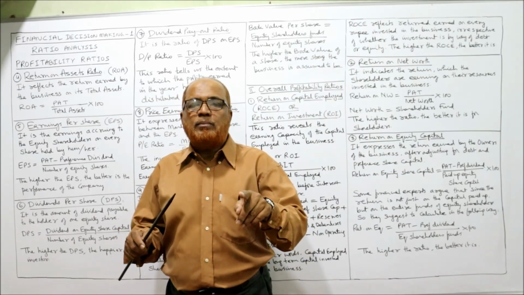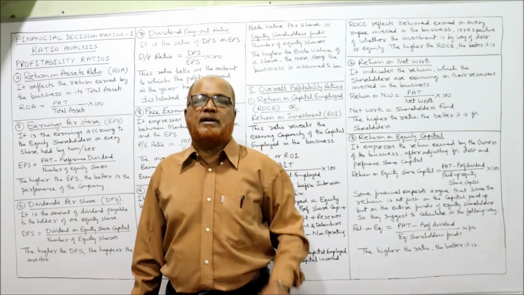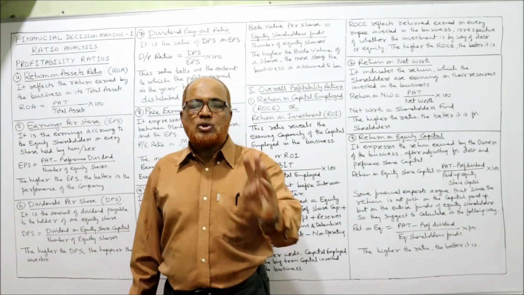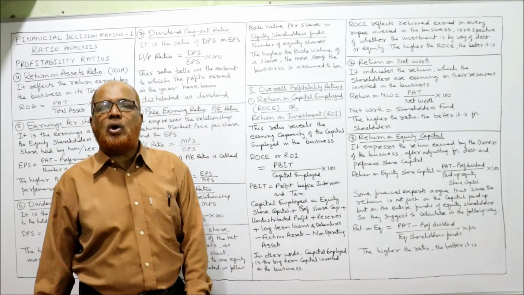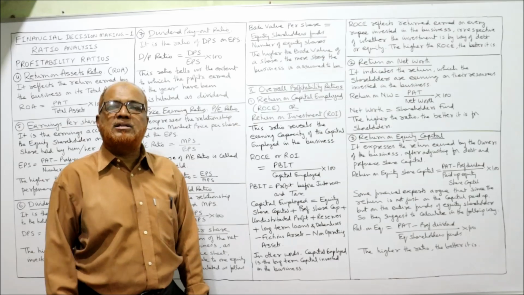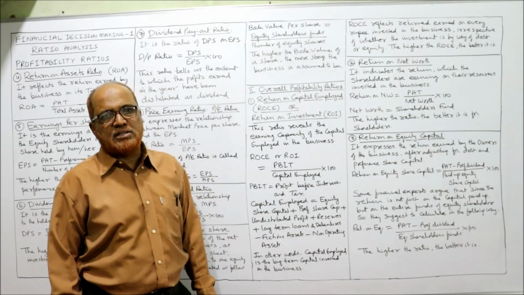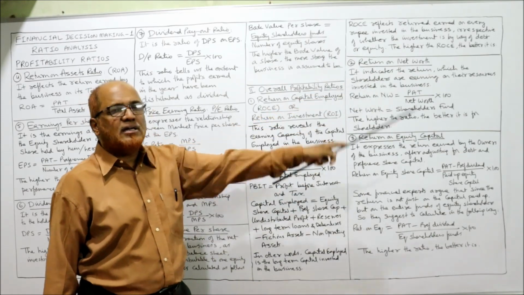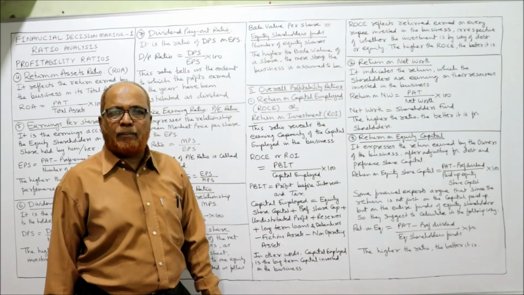Now overall profitability ratios are those ratios where profit is related with investment. So far 3 ratios I have explained. The first one is ROCE, return on capital employed or return on investment. This ratio is very important. The second ratio is return on net worth. Third one is return on equity capital.